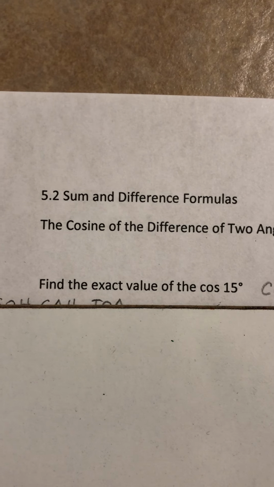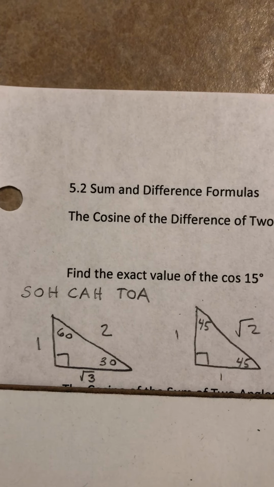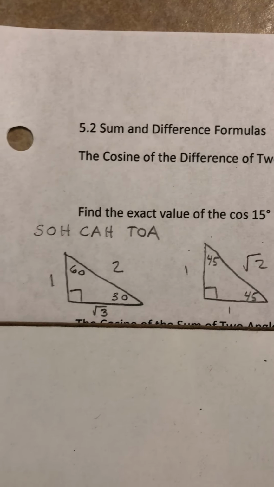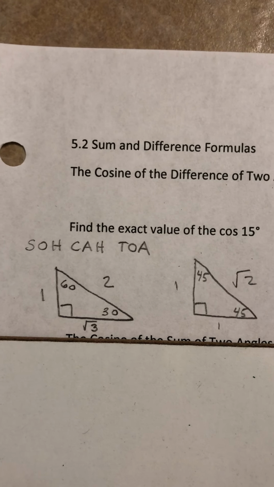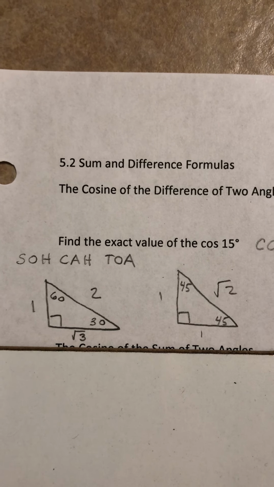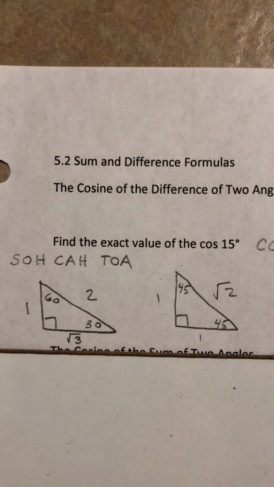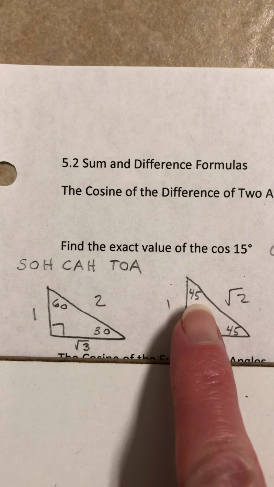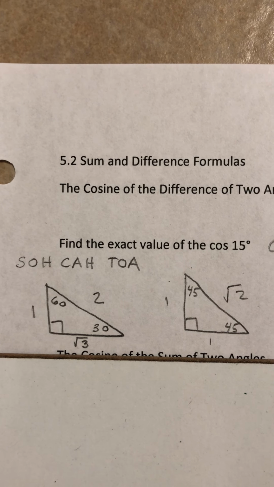Now, since we have special right triangles, the 30, 60, 90 right triangle, and the 45, 45, 90 right triangle, we want to try to rewrite 15 degrees as a combination of subtracting two of these angles. So 60 minus 45 would be 15 degrees.